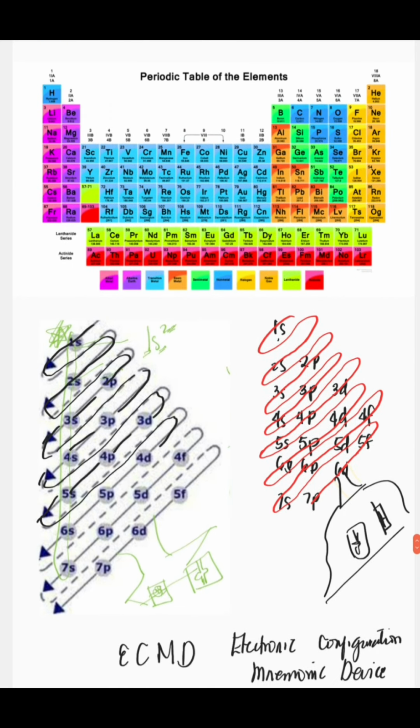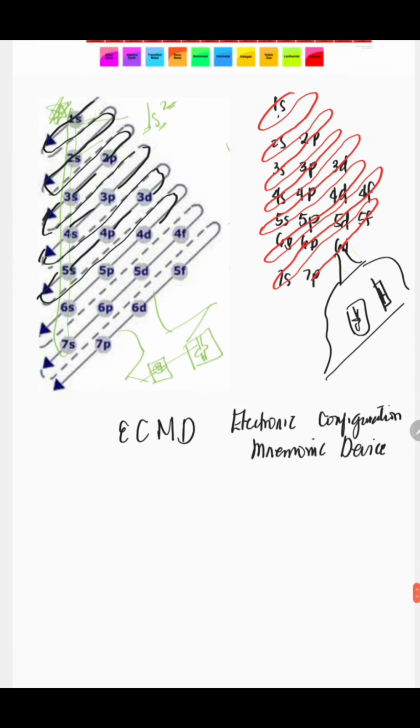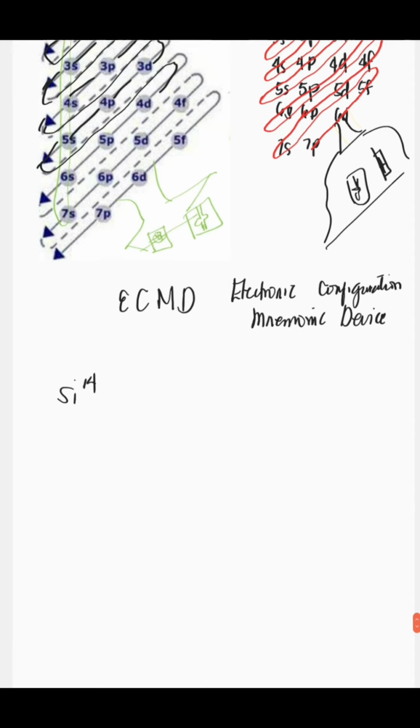So, let's try this electronic configuration mnemonic device by writing the electronic configuration of silicon. Silicon is 14. The rule of this device is just to get the number of valence electrons and how dispersed the electrons are in silicon 14. Okay, let's try it.